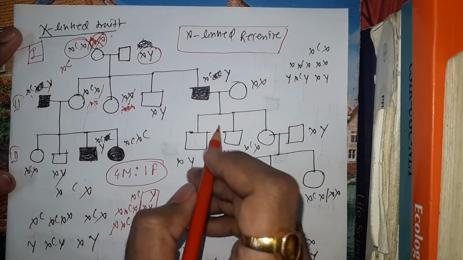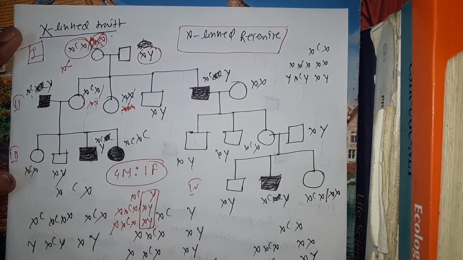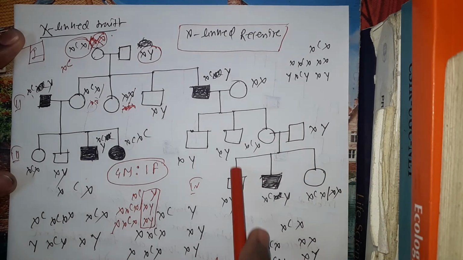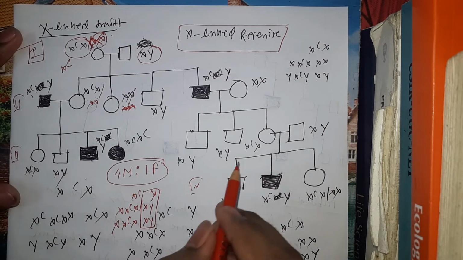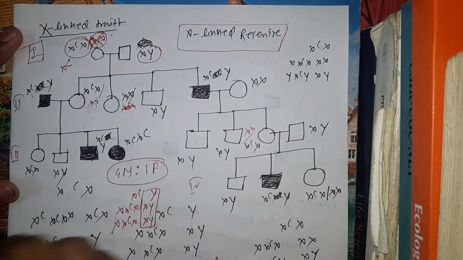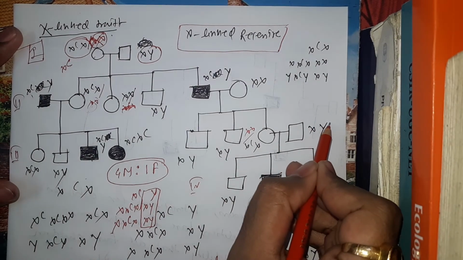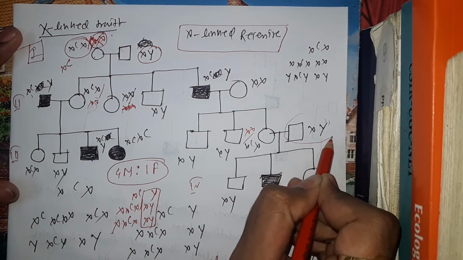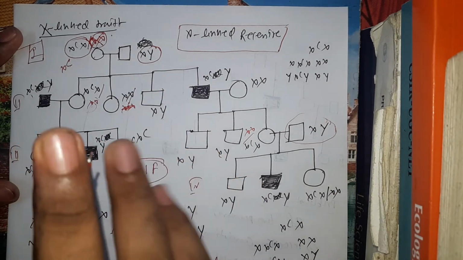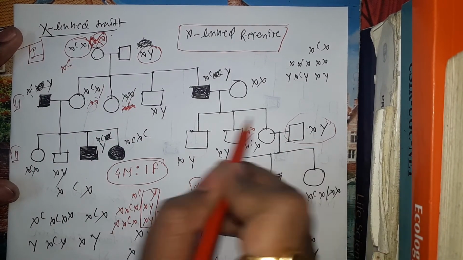Okay, similarly come here. There is now no confusion left, yet there is another confusion that you may find: whether this female is XcX or XX. To make it out, it is easy, as the male is normal, so the genotype for that male is XY.